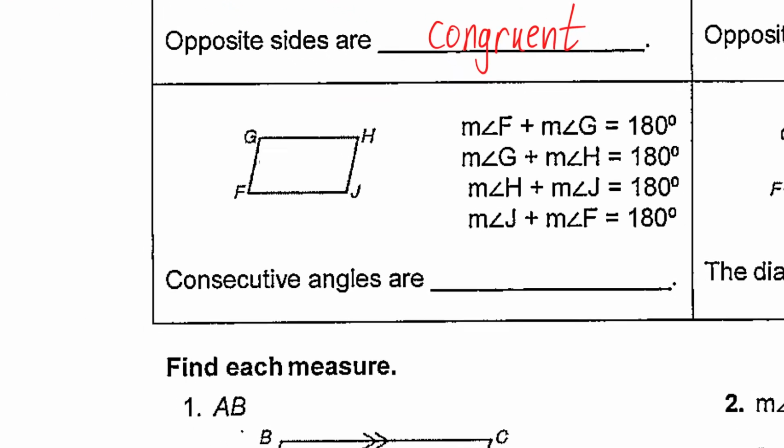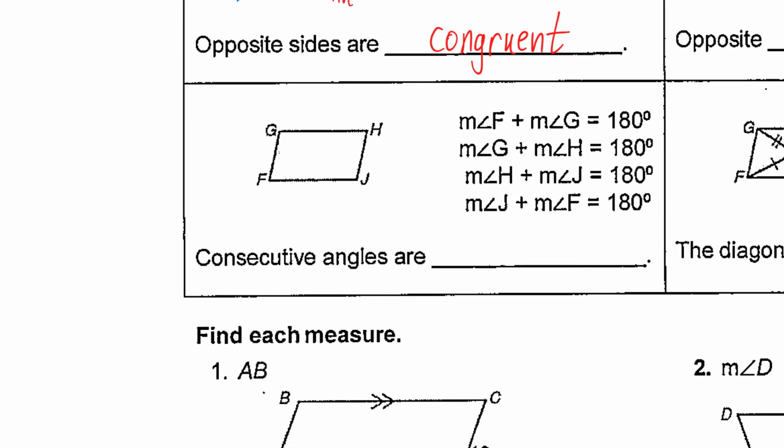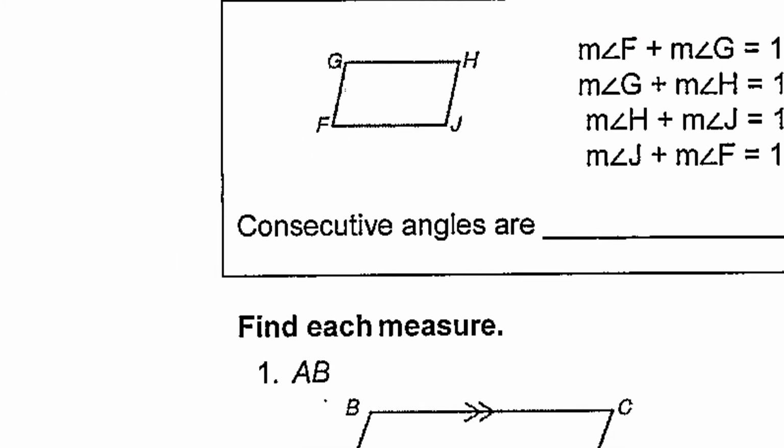All right, third property is that consecutive angles. First of all, let's talk about what consecutive means. What does consecutive mean just in general? Continuous or in order or right next to, okay? Within this, what consecutive means is just the angles that are right next to each other.